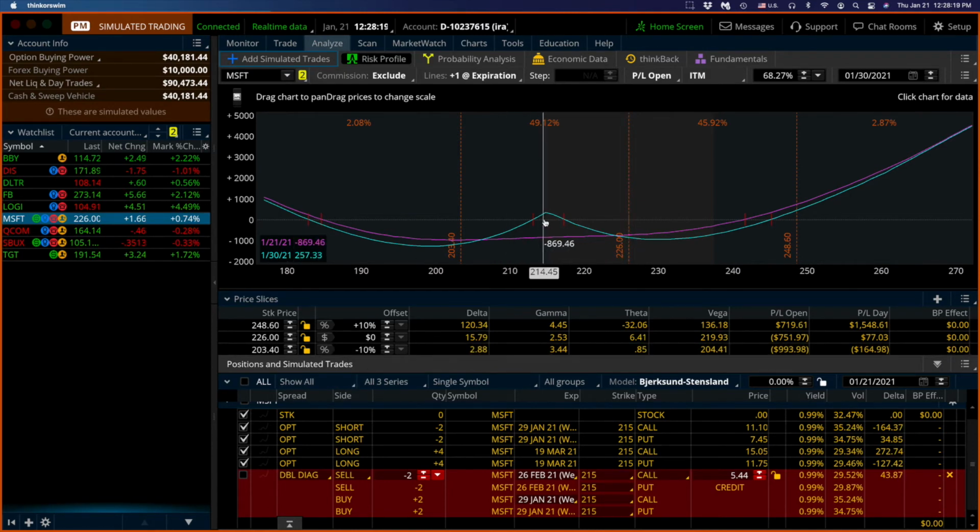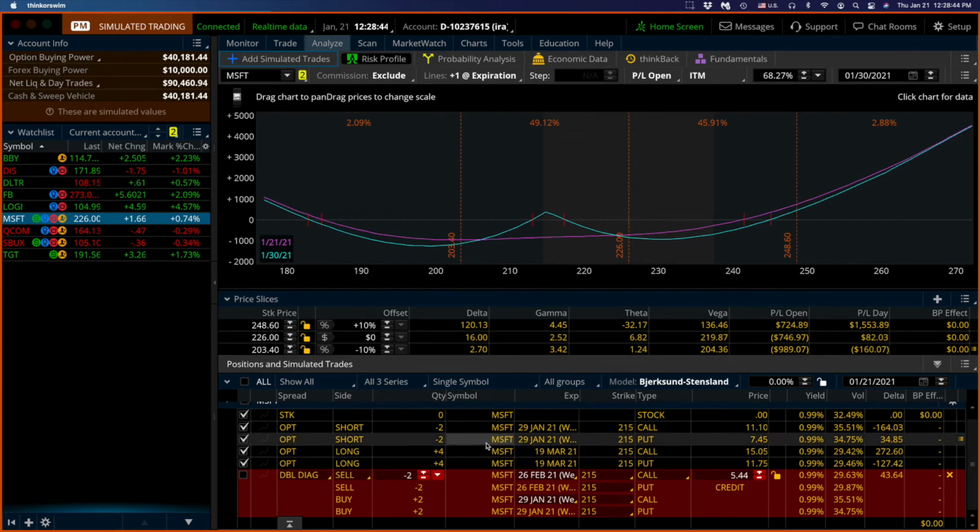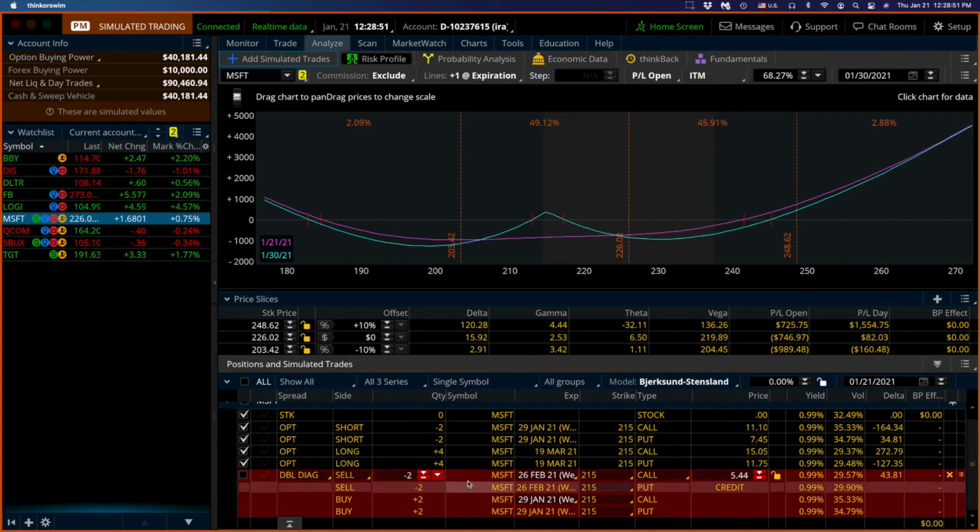If it collapses and lands here at 214, then the theta decline, the time erosion of those options, will make sure that we make additional profits. So I'm going to leave it alone. I know this is different from what I have done routinely. If you have any doubts, in case of doubt, do the rollover or exit.